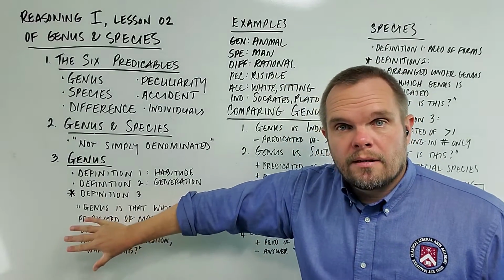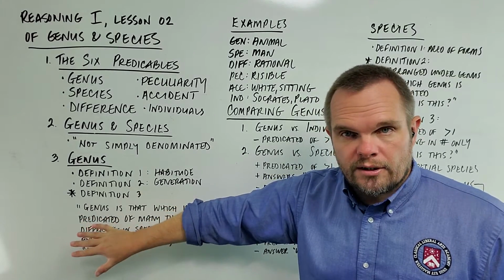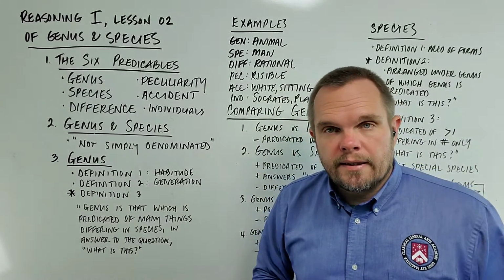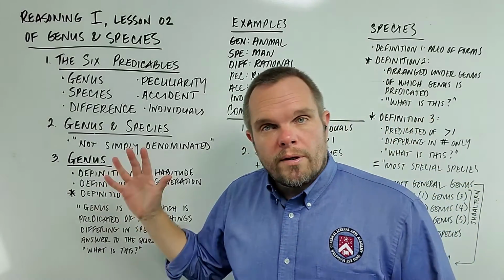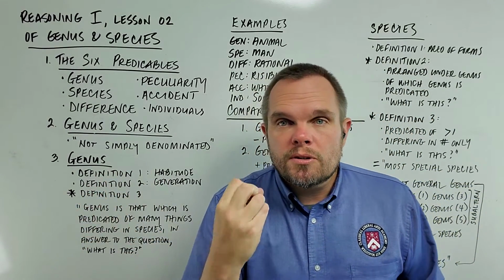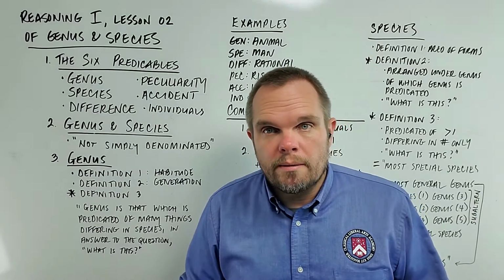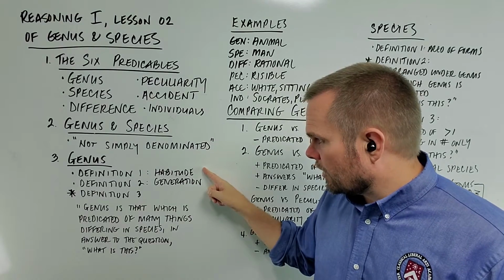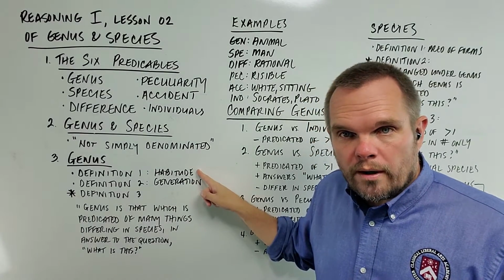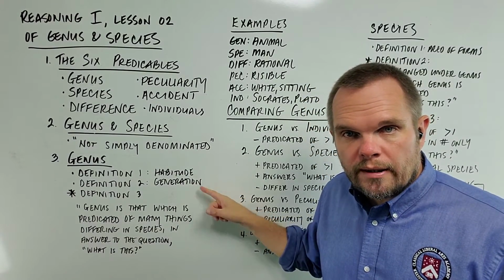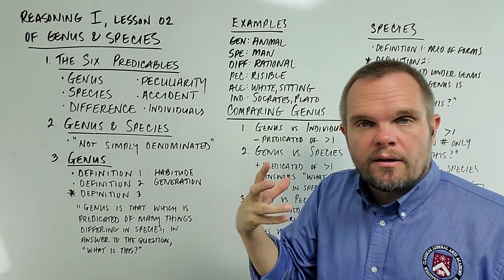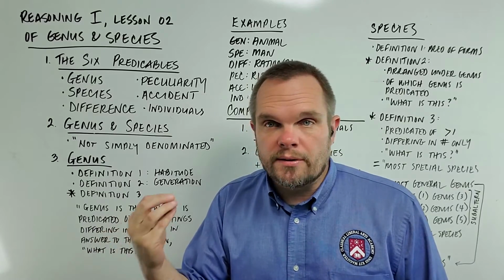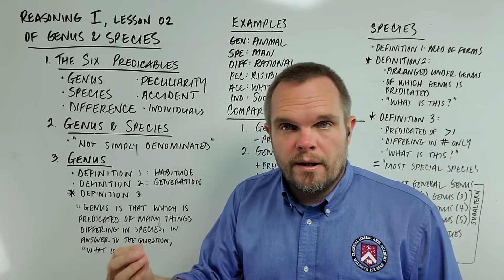Okay, so that's the right definition of genus. If you can learn that and keep that in mind, when you get to Aristotle and he uses the word genus, you'll know what he means and you won't be confused. If you go into Aristotle with definition 1 or definition 2 as your idea of genus, reading his writing won't make sense, because that's not what he means by the word.